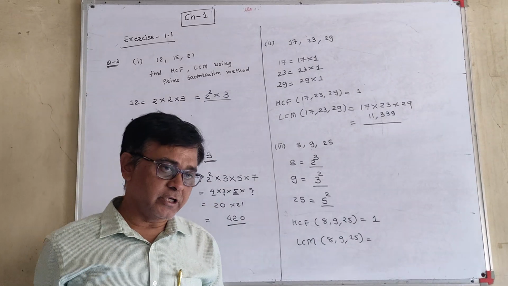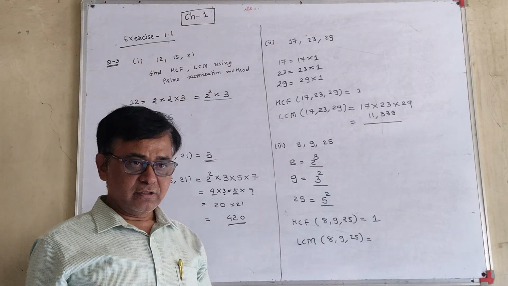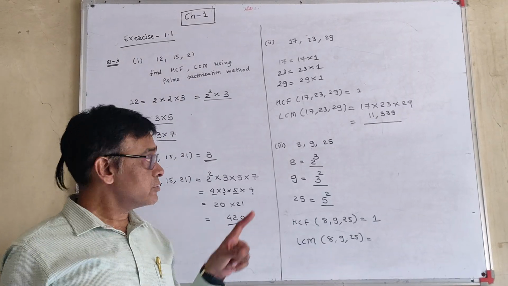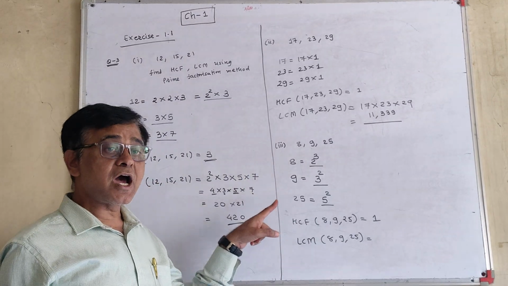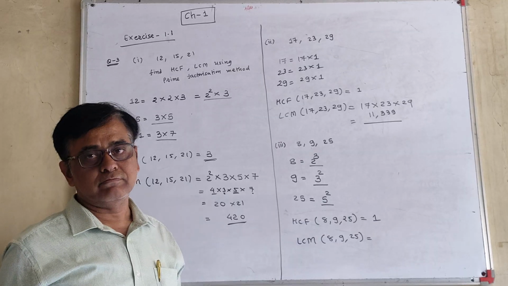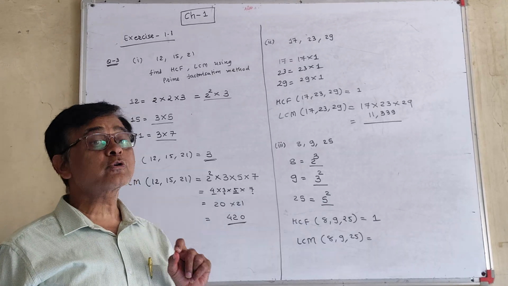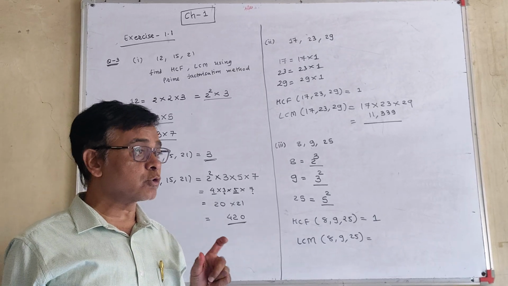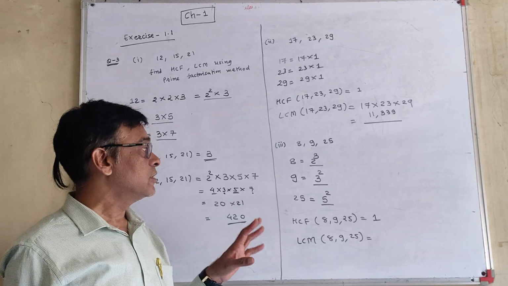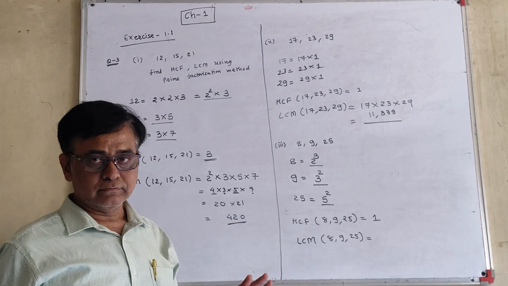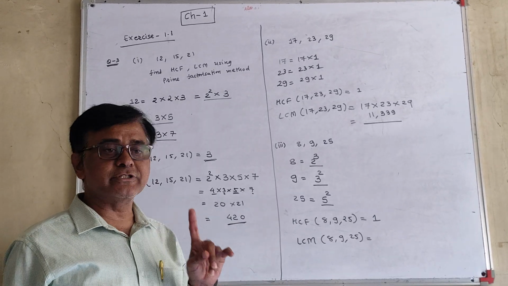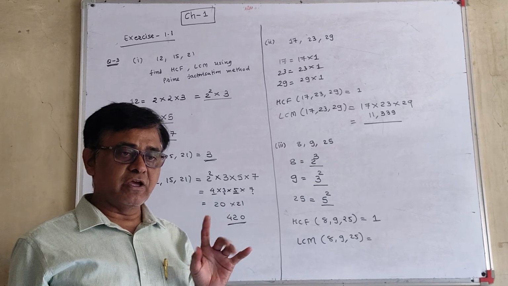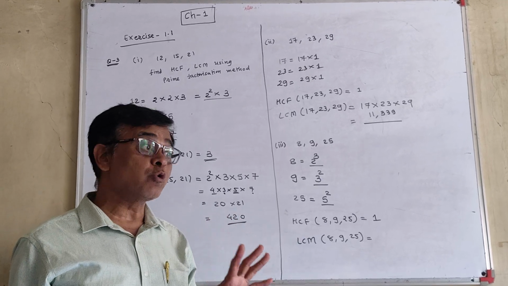HCF 1 means all these three numbers are co-prime numbers. What is a co-prime number? Co-prime numbers means there is nothing common, so HCF is 1.